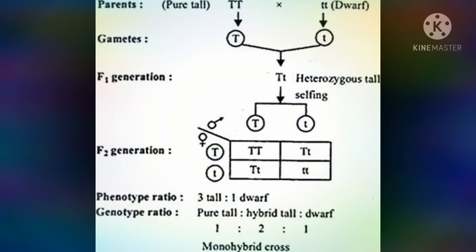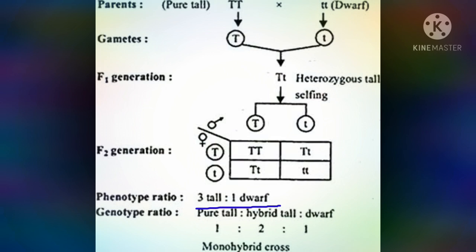Here only 1 out of 4, that is 25% of the F2 generation offspring, will receive small t from both parents, and therefore will be dwarf. Thus the recessive trait appears in the F2 generation, and the ratio of dominant to recessive is 3:1.